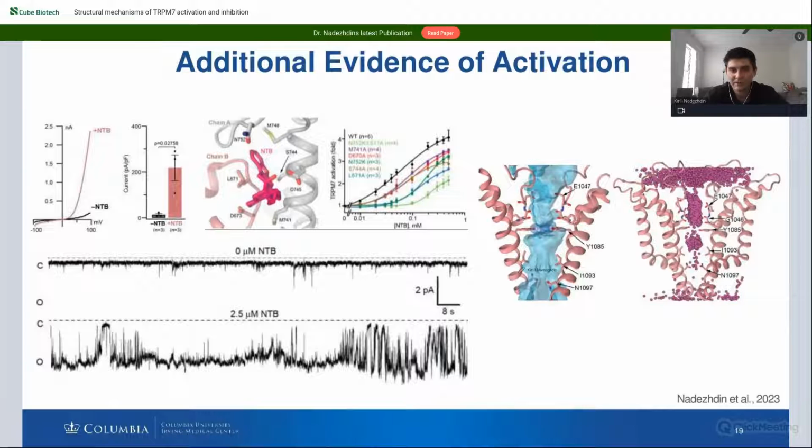You can see the water can pass through the channel, and for the closed state, the wild type state, it does not. You can also see that ions can pass through the pore. Again, this is independent evidence that what we got was indeed the open, active state of the channel.